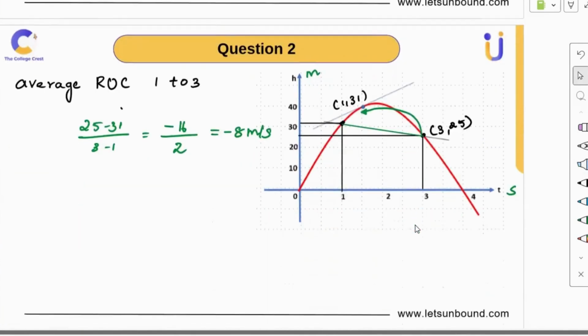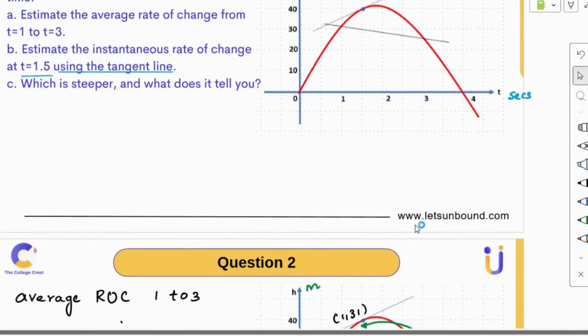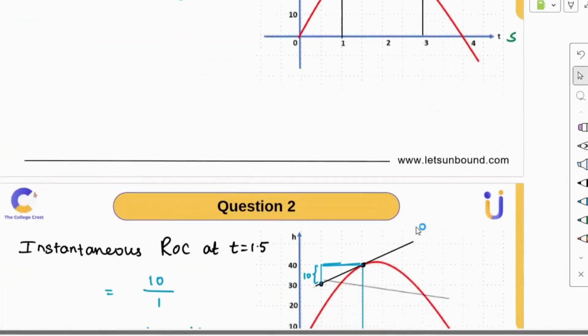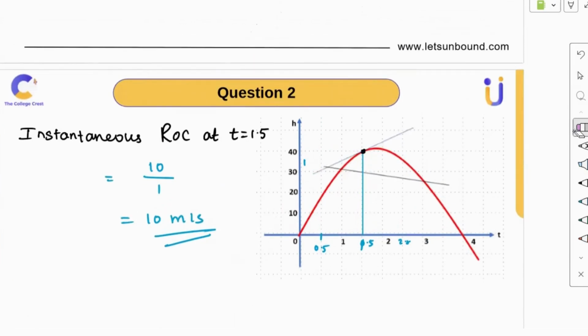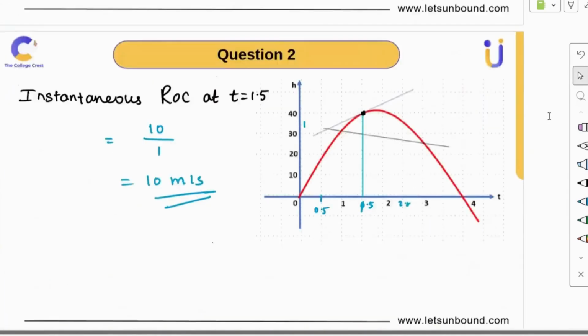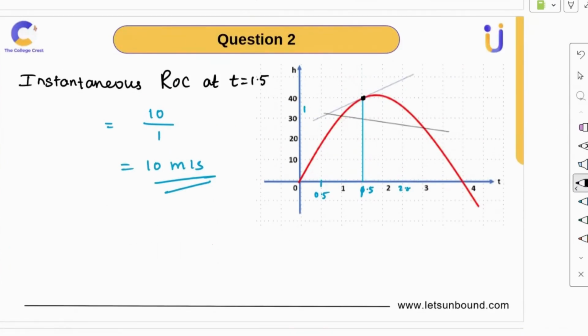Right? Here we go. So third question, which is steeper and what does it tell you? Graphically, we can see it clearly, but let's see how to do it number-wise also, you can compare. So which is steeper? This is a negative way and this is a positive way.